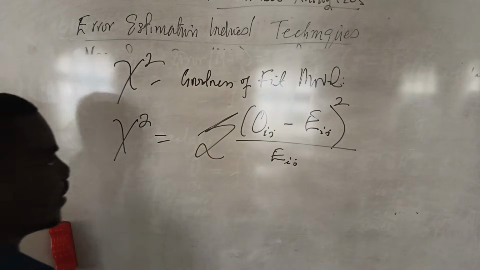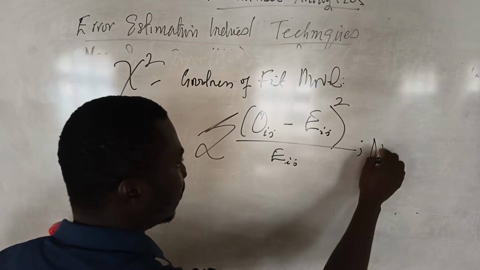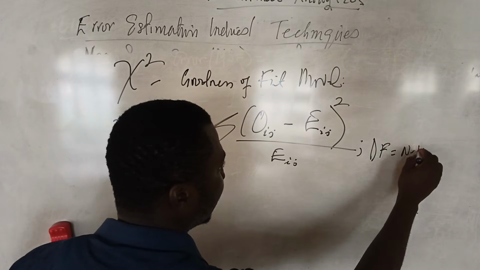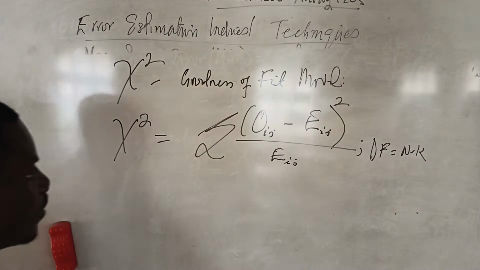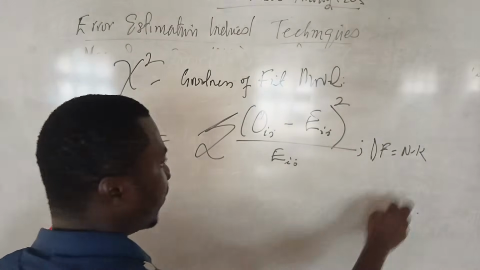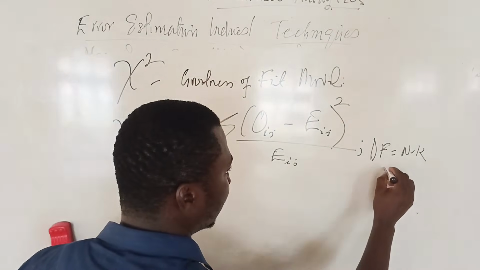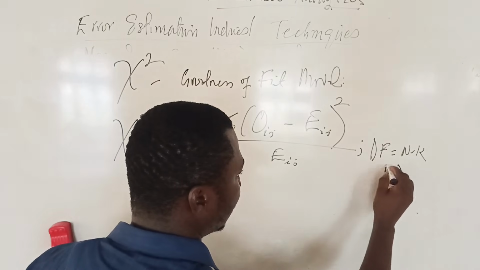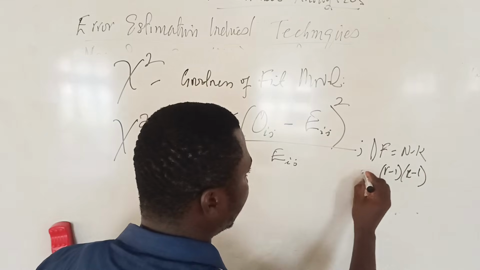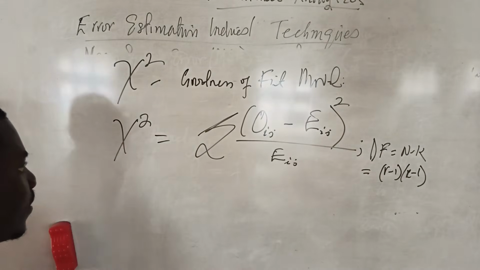Remember, if you obtain the chi-square contingency table, the degree of freedom will now be maybe n minus k, where n is the sample size and k is the number of the independent variables. Or you have the degree of freedom to be row minus 1, column minus 1. So this is also the degree of freedom in this test statistic.